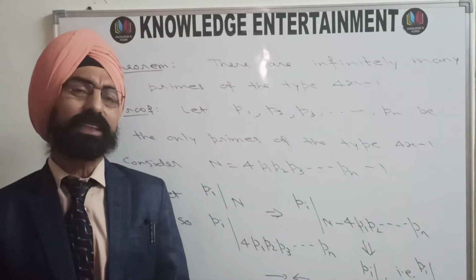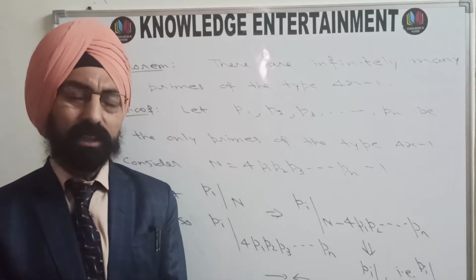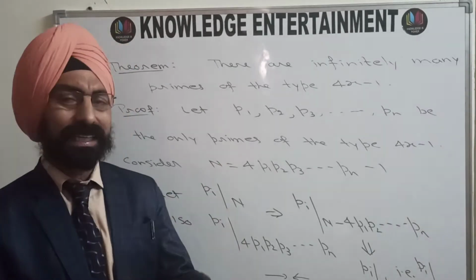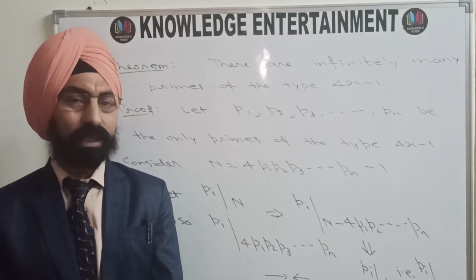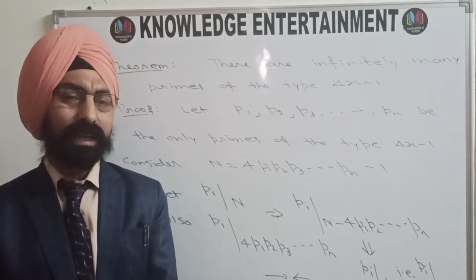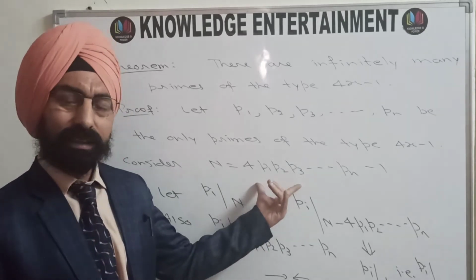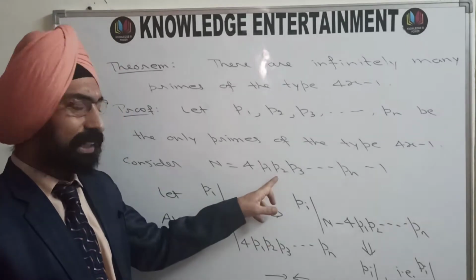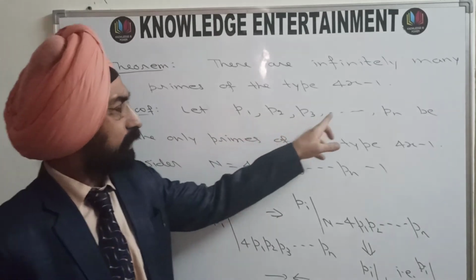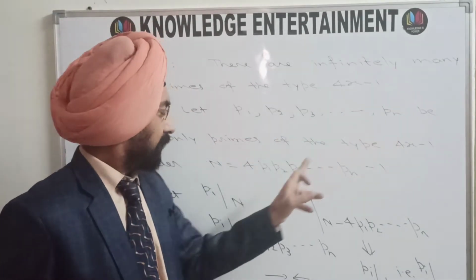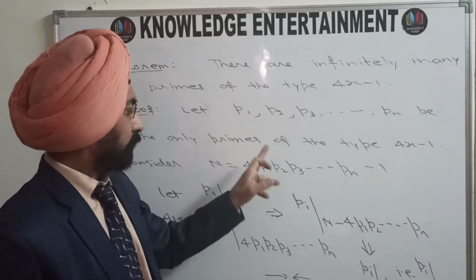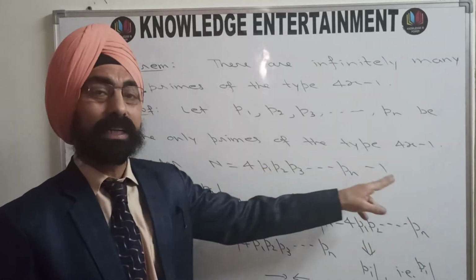And why is there a contradiction? Because we have supposed that this number n is a composite number. So n is clearly not a composite number. N is a prime number, and it is greater than each one of the numbers lying in this list. This n is greater than p1 because it is 4 p1 minus 1.